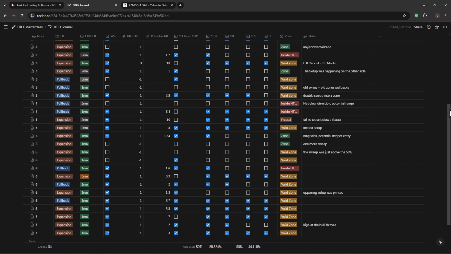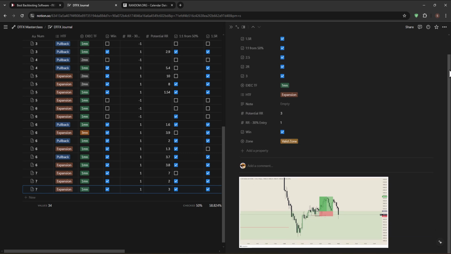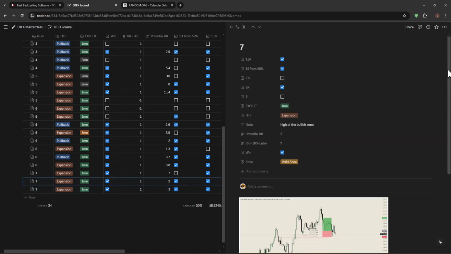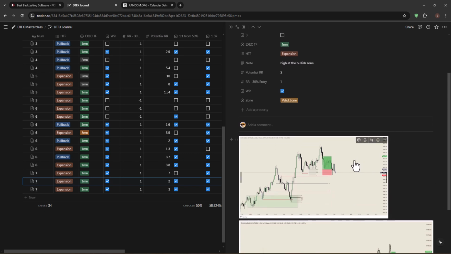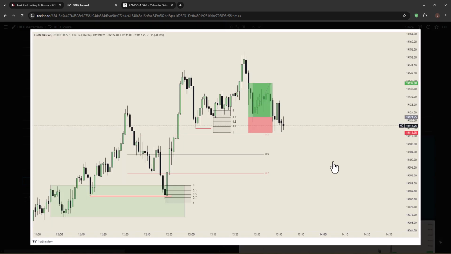Let me give you a sample or an example of the strategy. Maybe this is not the best example. They all look the same, but I want to look for something easy for the eye, right? All right, so this one is good. So basically what we want to say is we want to see a zone, right?